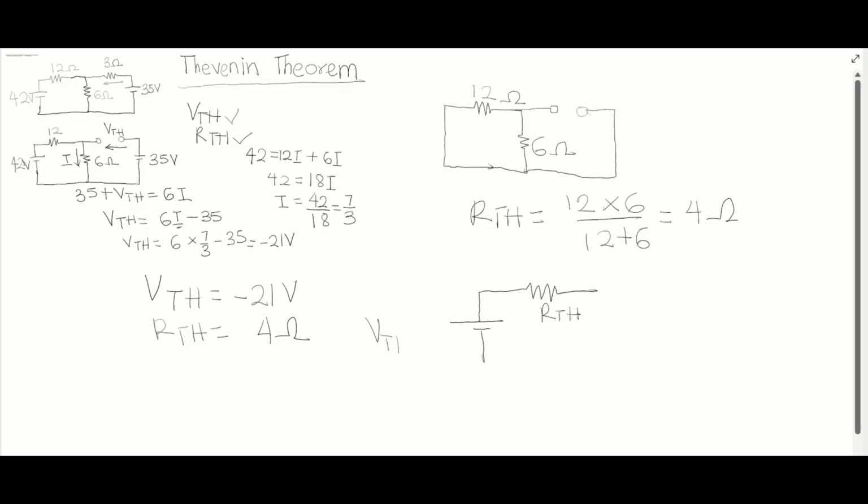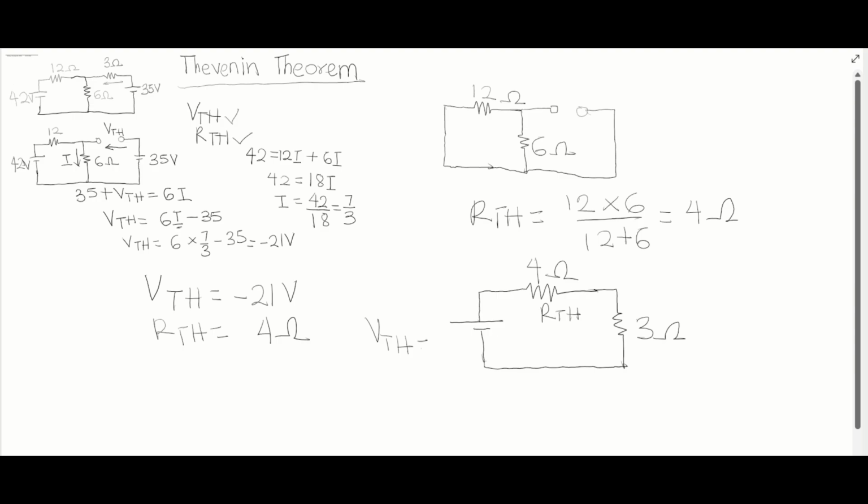This is VTH. Then it's going to be in series with the 3 ohms that we removed earlier. So we realize that the RTH is in series with the 3 ohms resistor, which means that the current through the RTH will be the same current through the 3 ohms resistor.